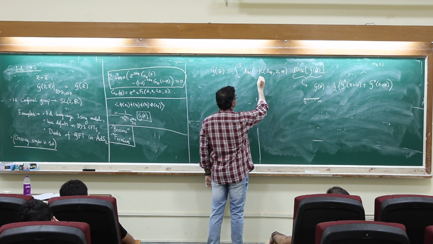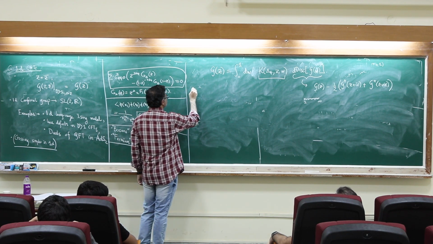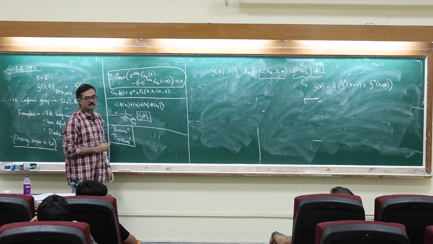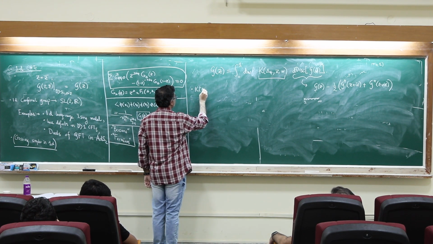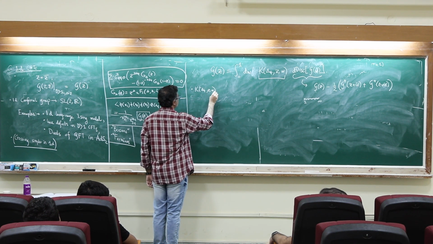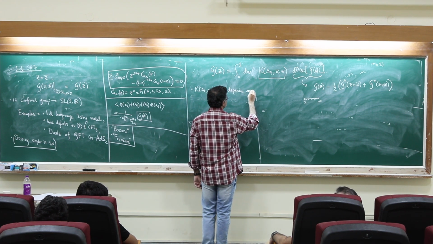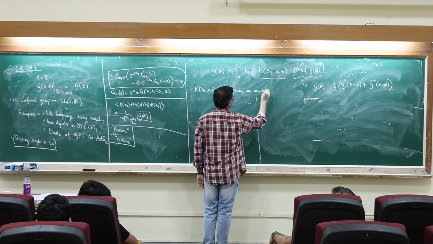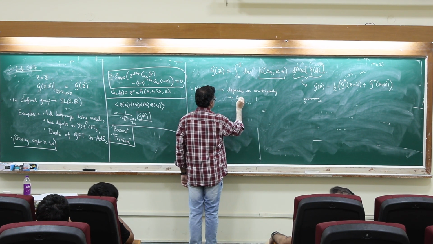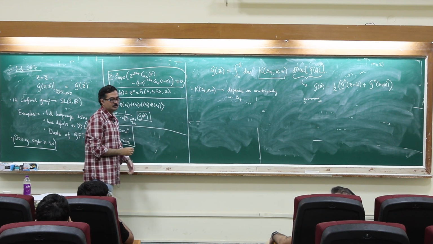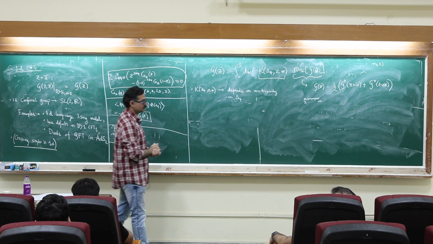The other ingredient in this formula is this kernel. And now there is one crucial difference as compared to the higher dimensional case: this K depends non-trivially on the scaling dimension of the external operators, which was not the case in the higher dimensional case. In the higher dimensional case, if you compute the analogous kernels, they are universal.